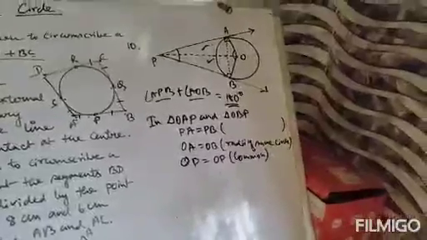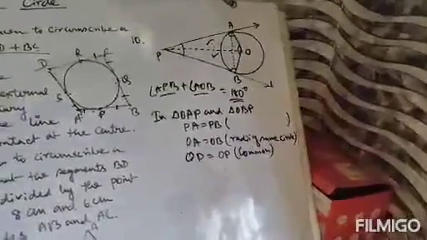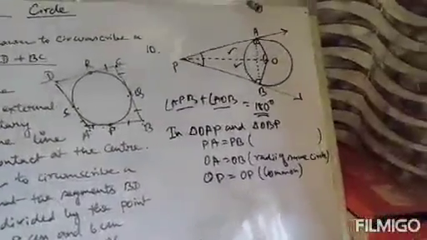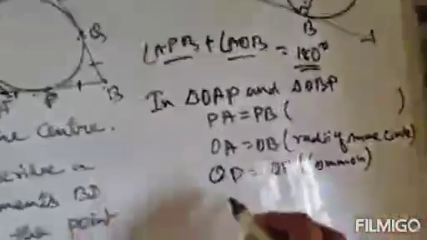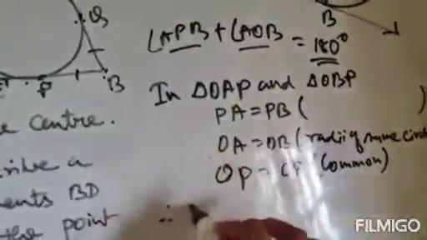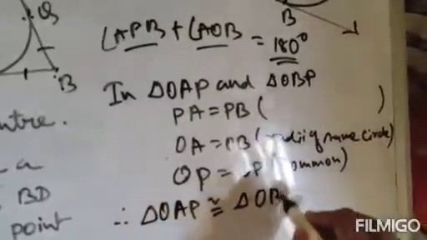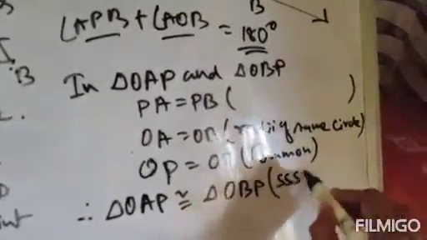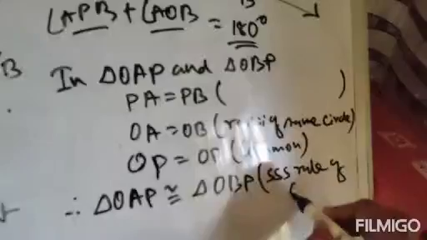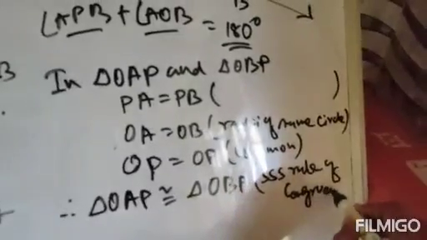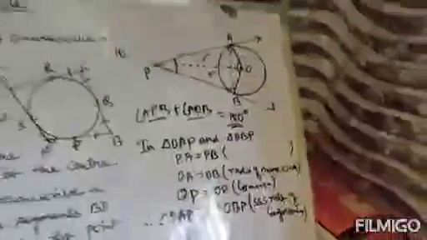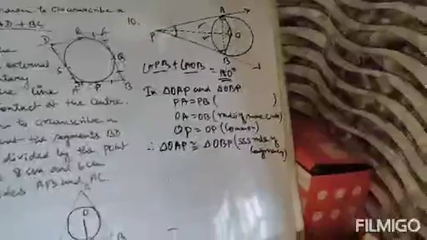So on the basis of the SSS rule, we can say that these two triangles are congruent. So we can write triangle OAP is congruent to triangle OBP by the SSS rule of congruency.